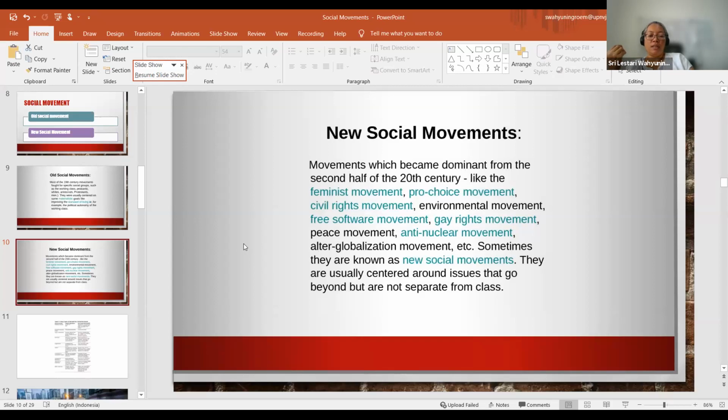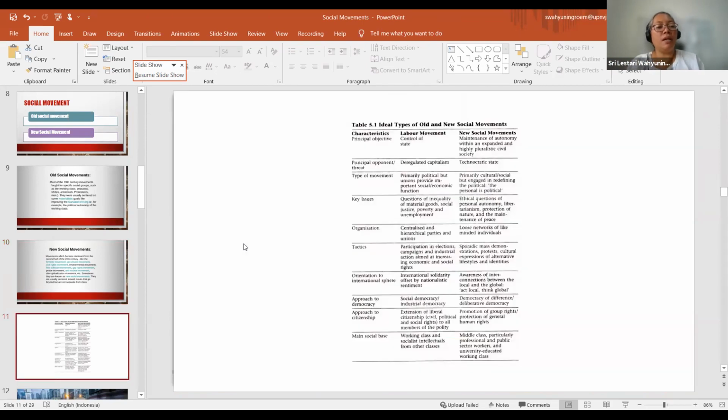So they are usually centered around issues that go beyond but are not separate from class. And again, we can always discuss the boundaries of definitions of new social movements. And you may find more examples of it in your own project later in this class.